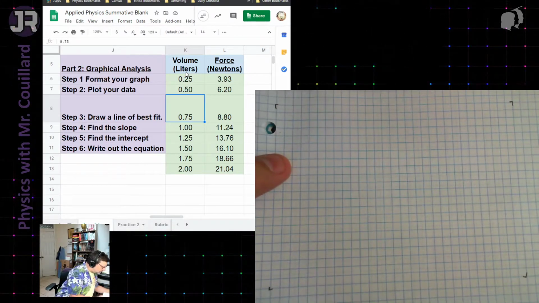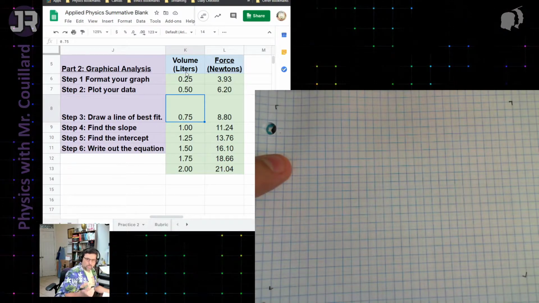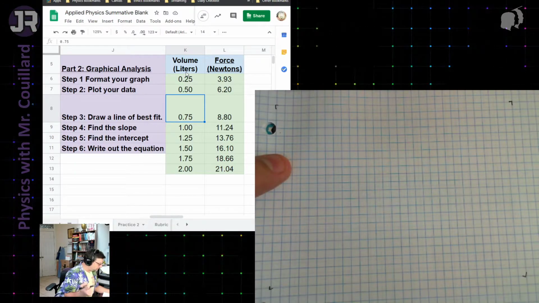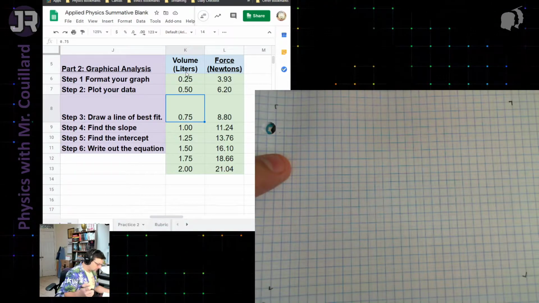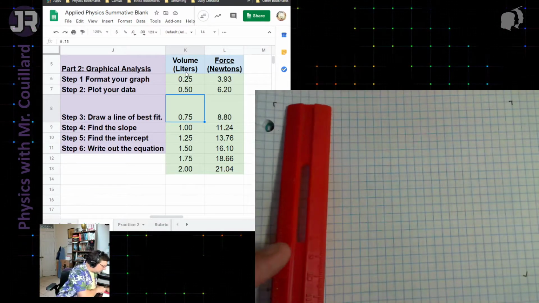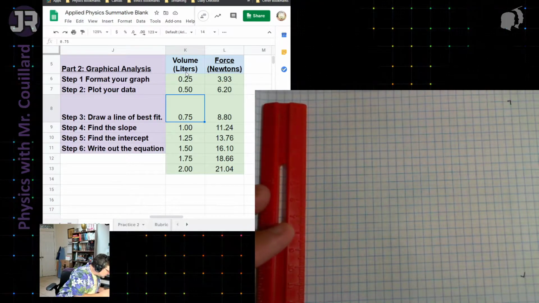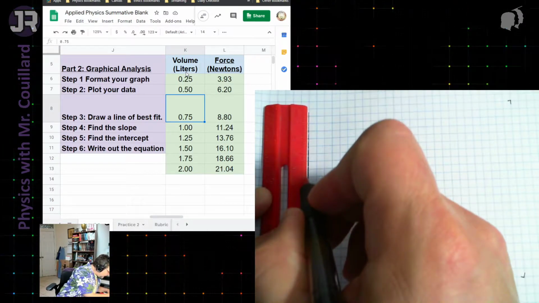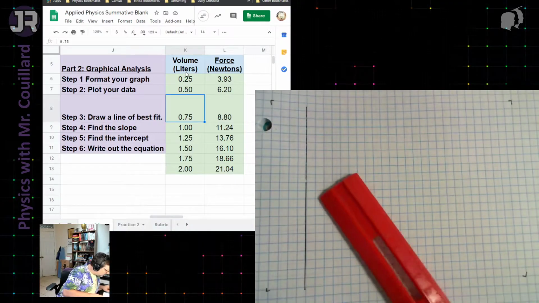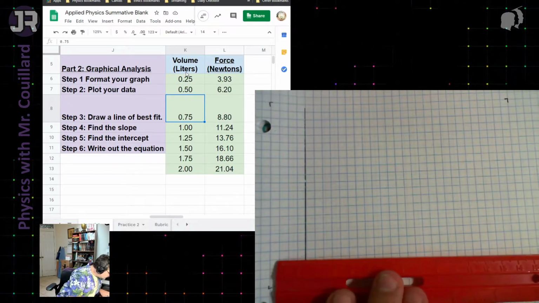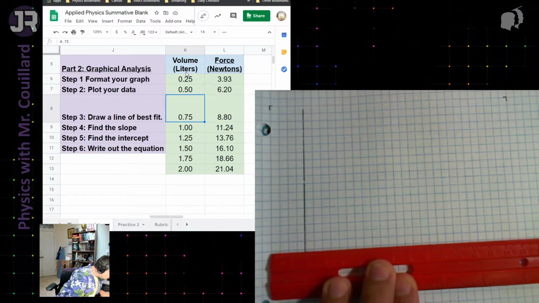So if we look at the rubric, what does our graph need? Okay, it needs a couple of axes, right? So I'm going to draw in a vertical axis and a horizontal axis.